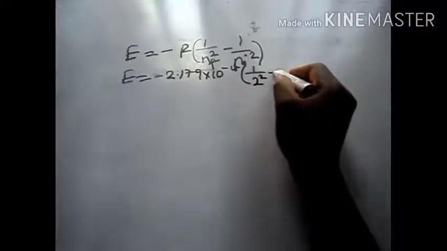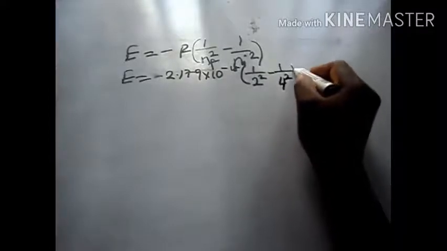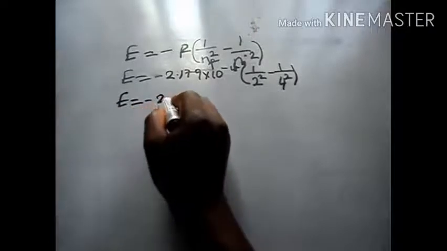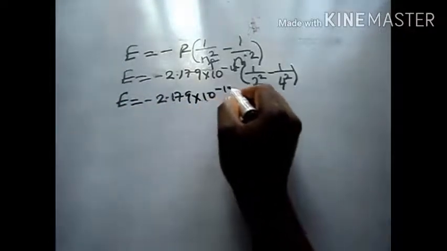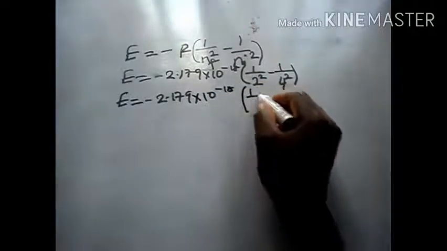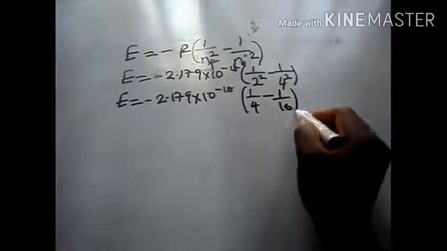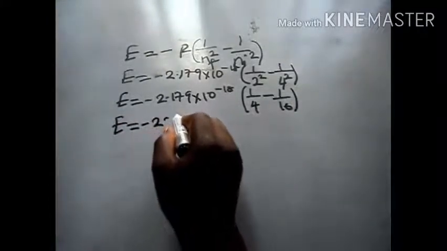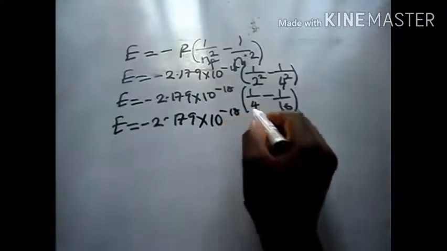So we have 2 square minus 1 over 4 square. We have E equal to minus 2.179 times 10 raised to power minus 18. We have 1 over 4 minus 1 over 16. Here we have minus 2.179 times 10 raised to power minus 18.